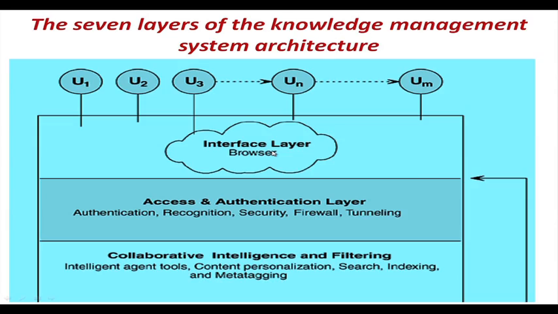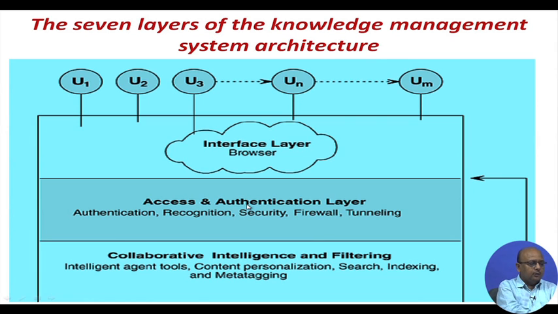So, there could be a number of users which are going to use the knowledge management system. This is the topmost layer, that is what we call the interface layer. The interface layer is through which you are going to use the knowledge as a user. So, this layer acts as an interface between the system and the users. Okay. So, we will talk about the interface layer first, and then we move to the next layer.